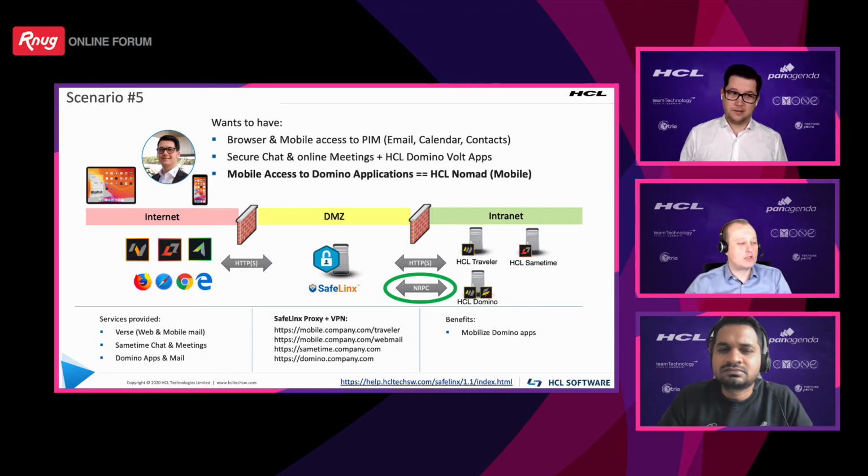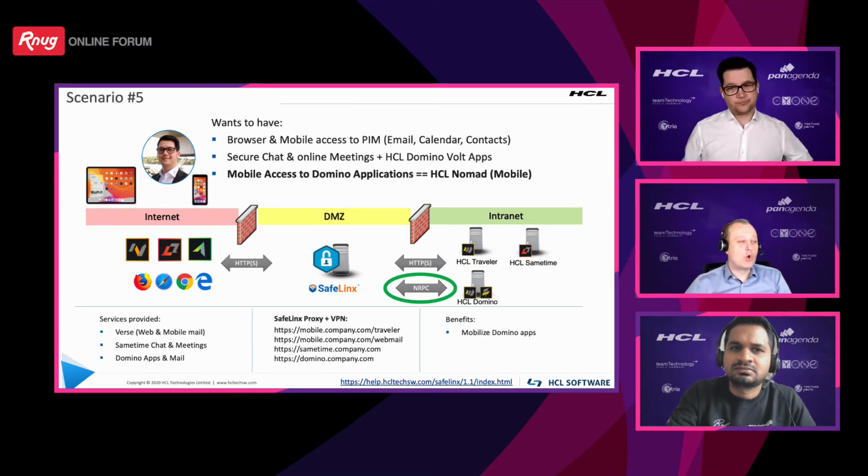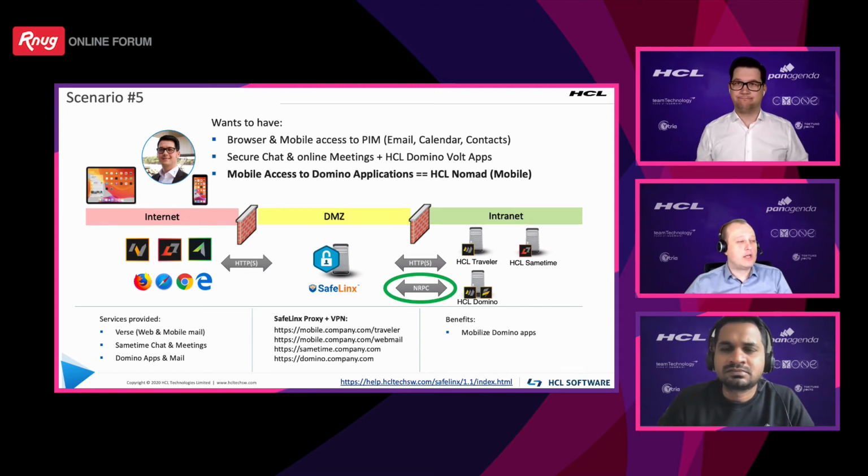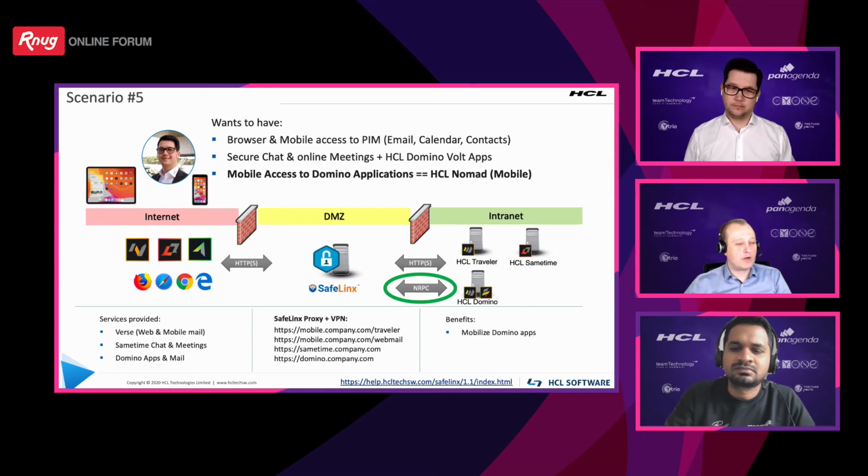In this case, it's HCL Nomad on your mobile device. So what you would have to do is go to the App Store of Apple or Android, search for HCL Nomad, and install the free of charge Nomad client. This will then allow you to connect back into the Domino server.